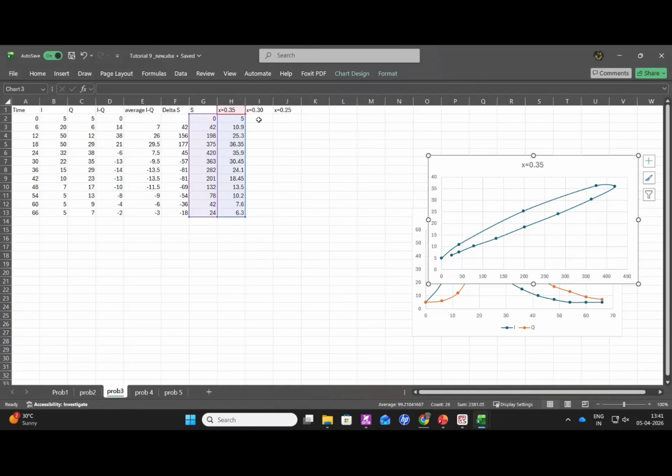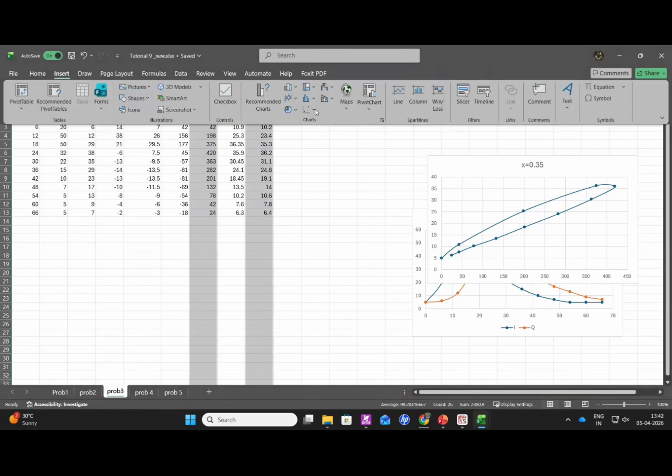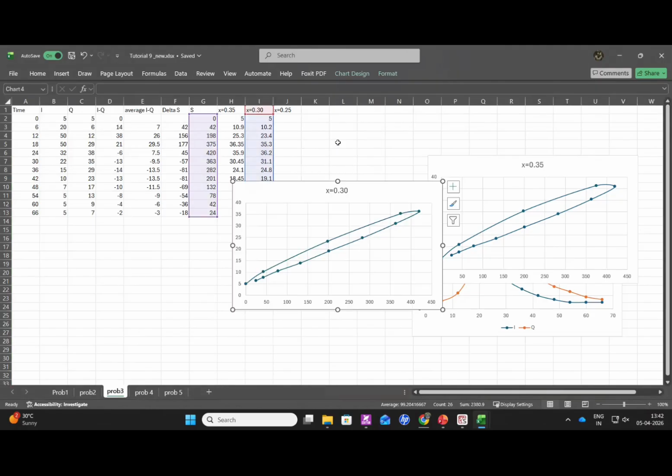Now we can choose the value to be 0.3, so this will be 0.70. And if we plot this one also, the lines are getting a bit closer as compared to 0.35.